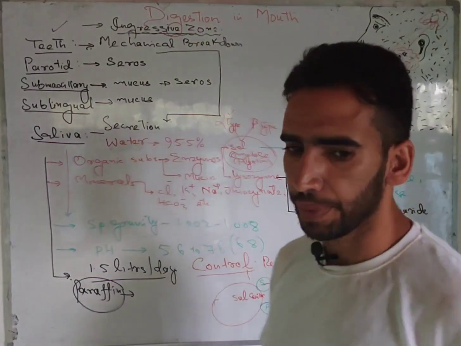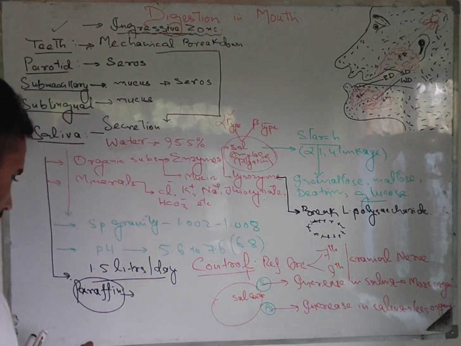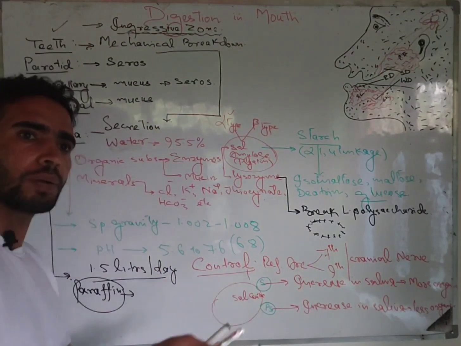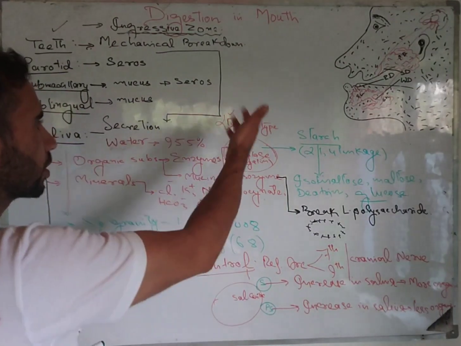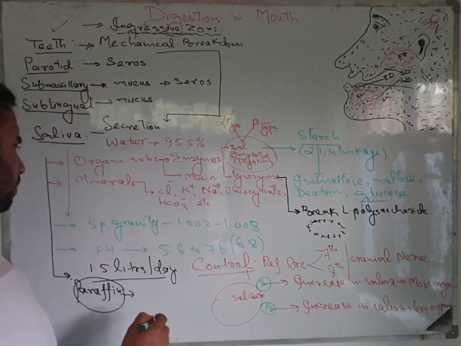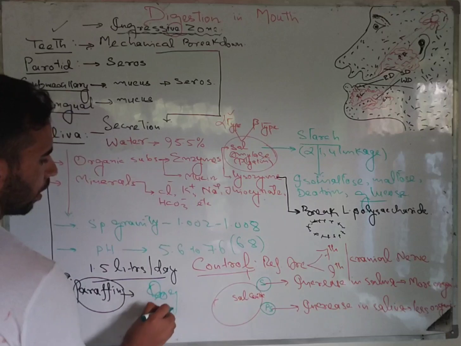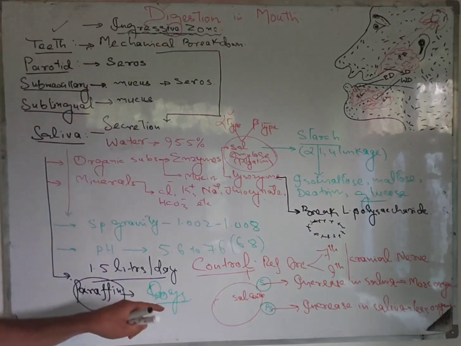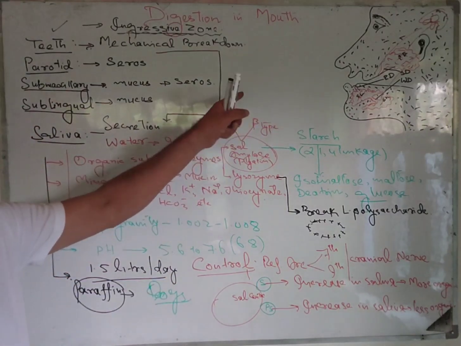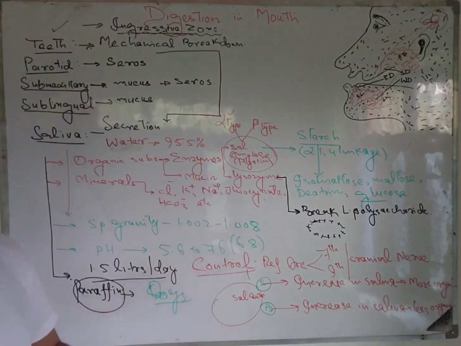And one more thing, it is not necessary that every type of animal contains salivary amylase, alpha type or beta type. If we take the example of dogs, they don't contain salivary amylase to the extent that it is present in human beings.